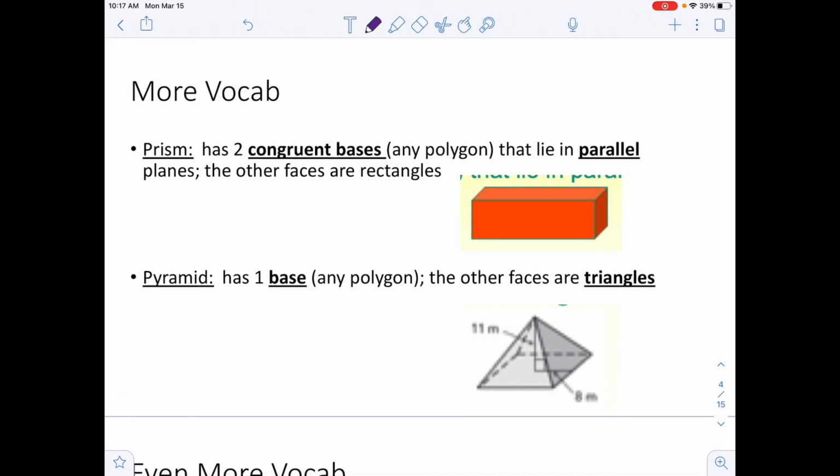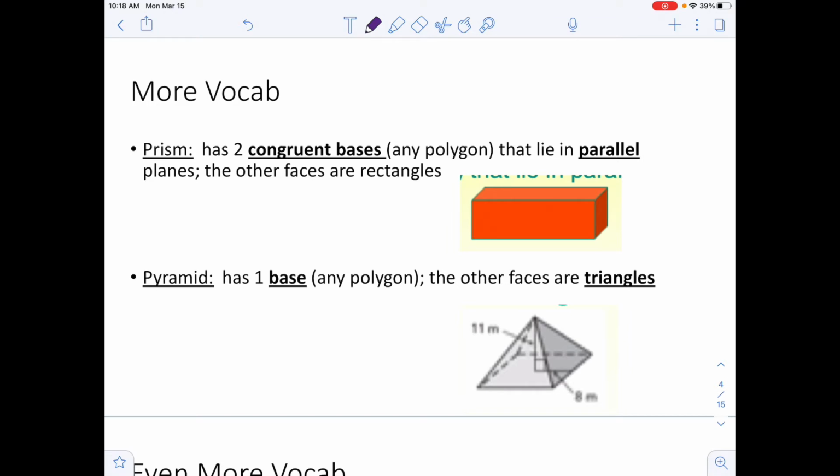Okay, more vocab, and this is really where it's important because you are going to have to classify solids. So a prism has, my calculator almost fell. Has two congruent bases, remember congruent meaning the same, that lie in parallel planes. So the other faces are rectangles.